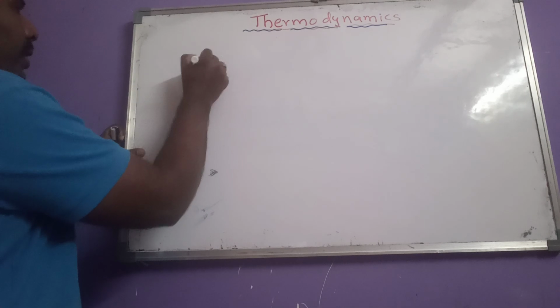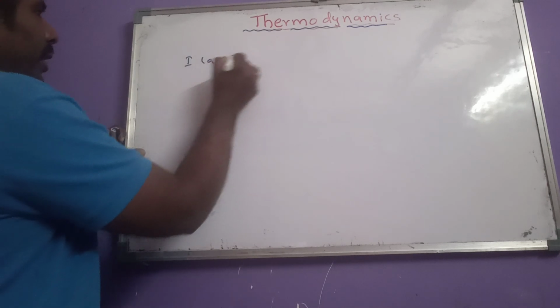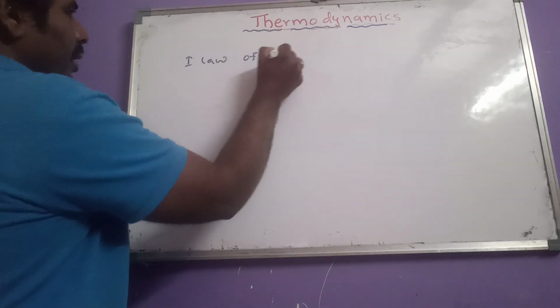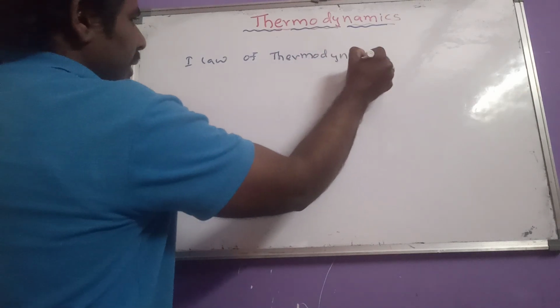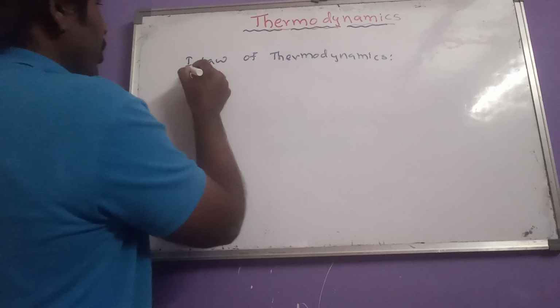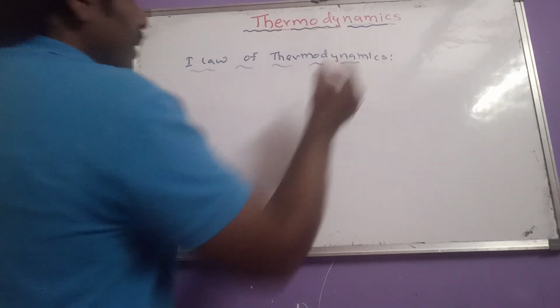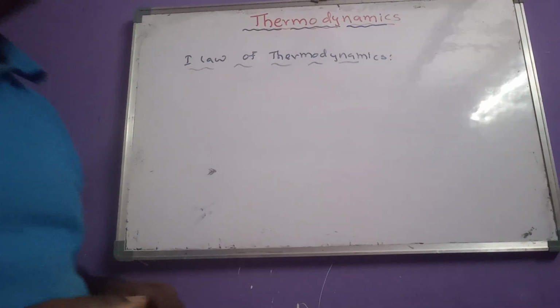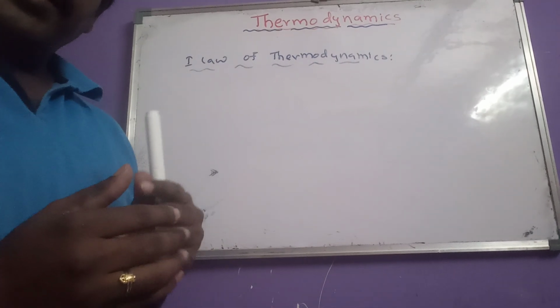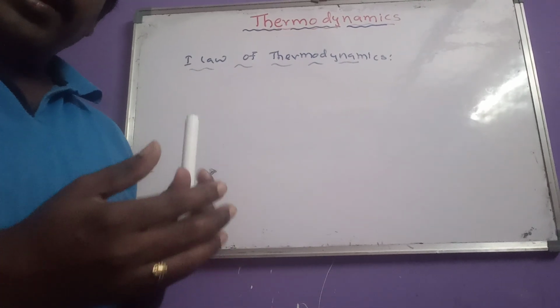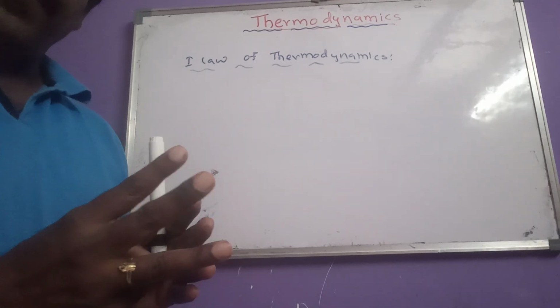So what is the first law of thermodynamics? Let us see here. Of course, the zeroth law is also there. Zeroth law is very simple. A, B and C are three systems given.